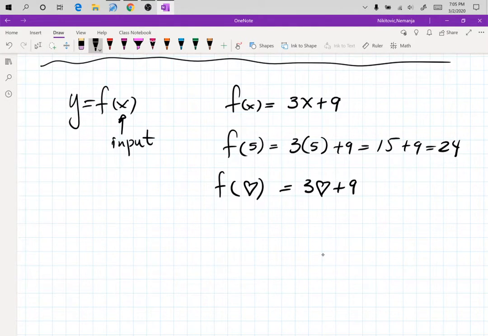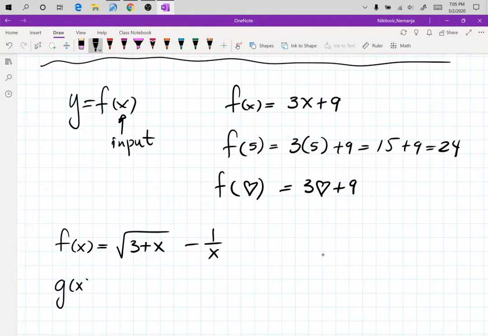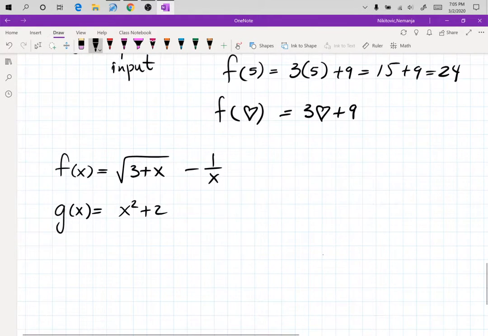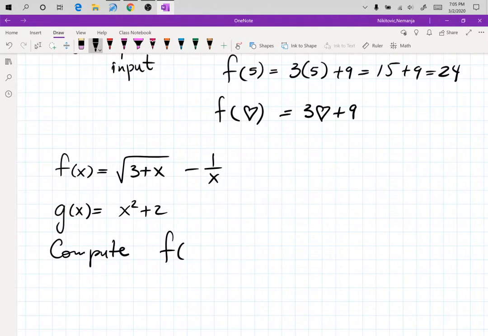So if I have a function, let's say f of x, to be square root of 3 plus x minus 1 over x, and then I have g of x is equal to x squared plus 2, I don't care, whatever. And the question says compute f of g of 3.